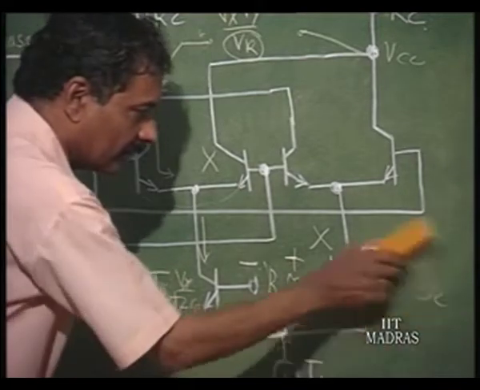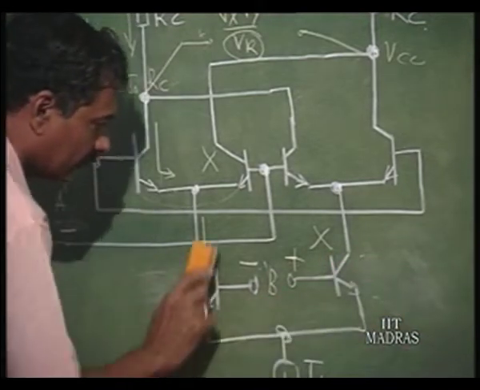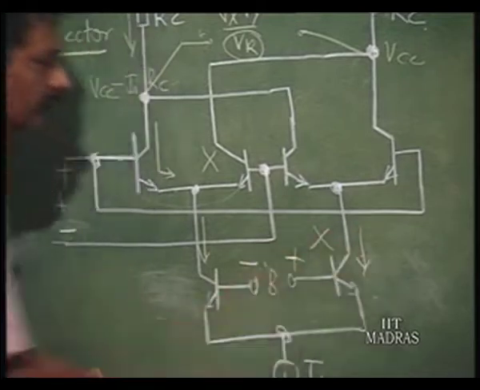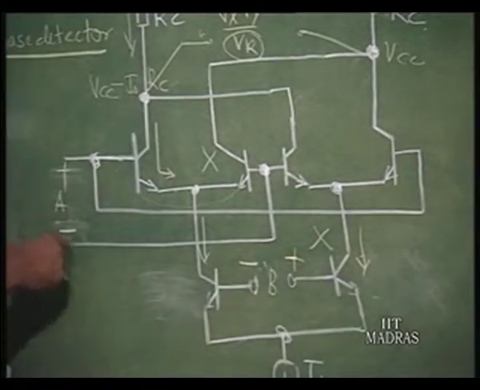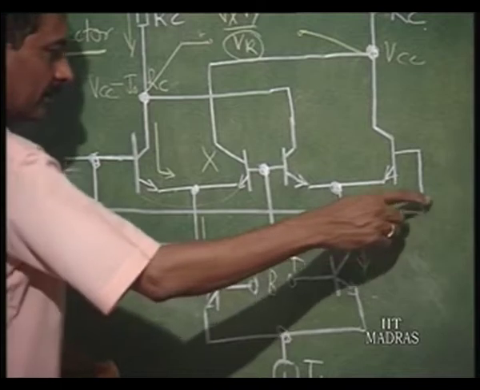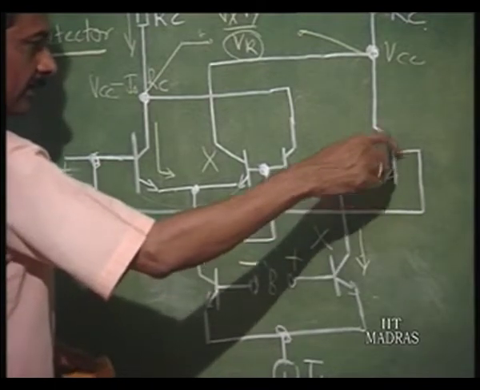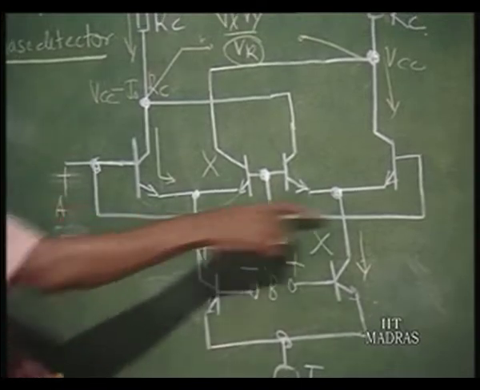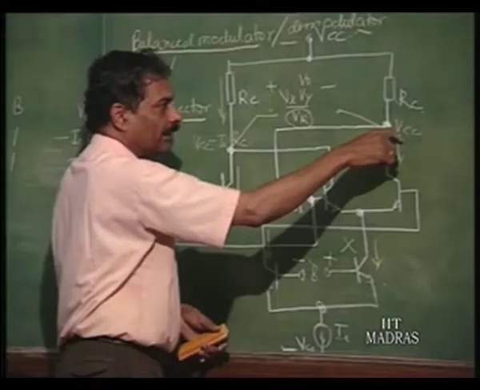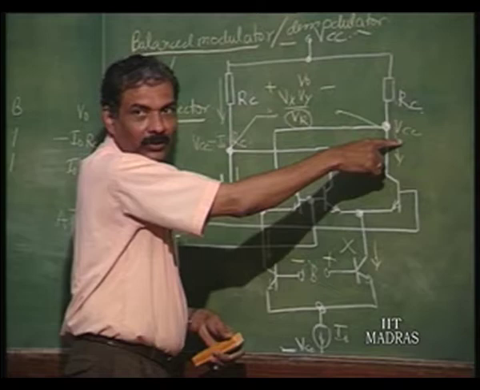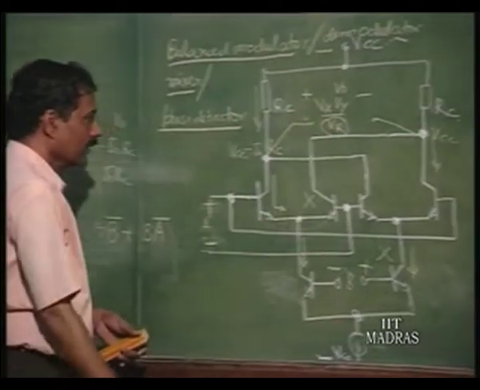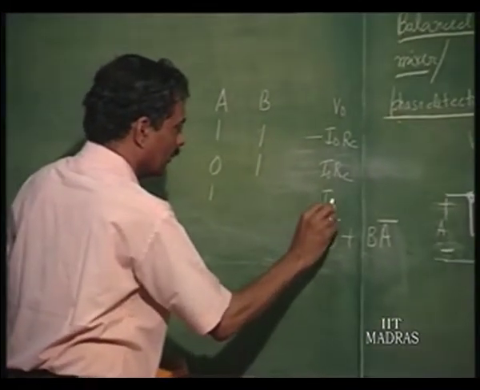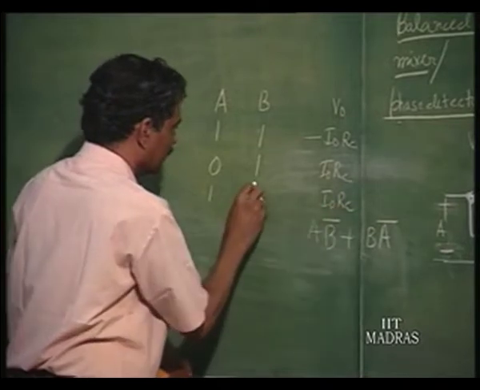So, I naught is going to flow through this. And this is plus, this is minus. So, the current will flow through this like this. So, this will be retaining low and that will be high. So, output will be again I naught RC.